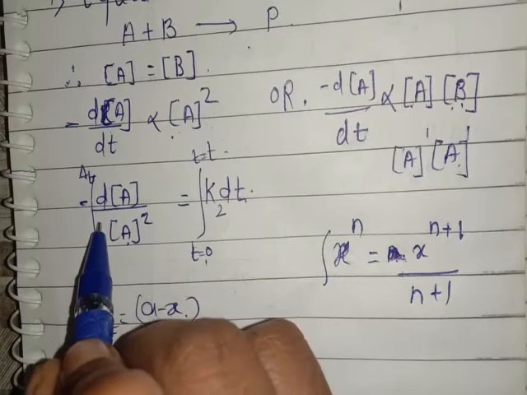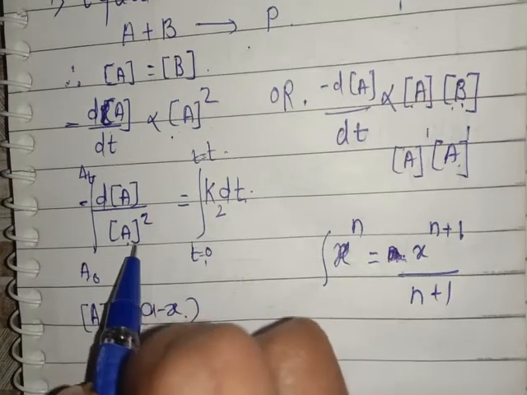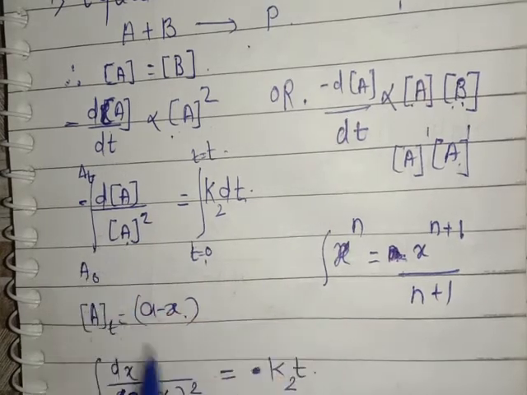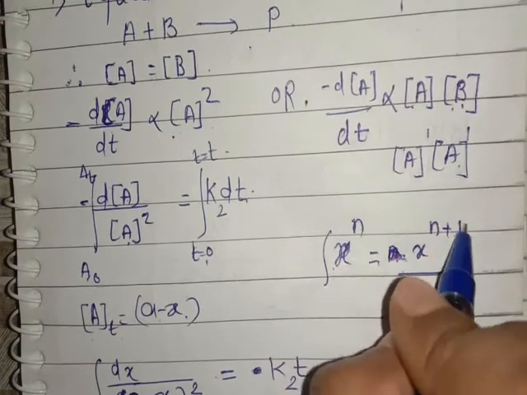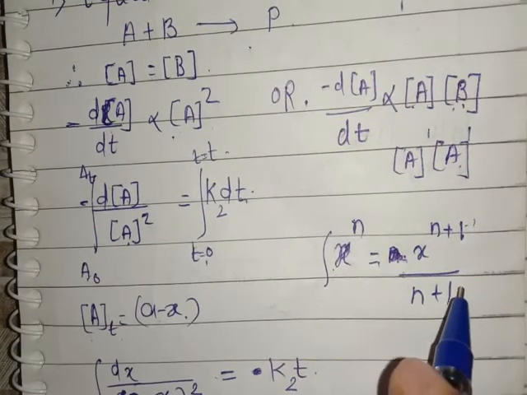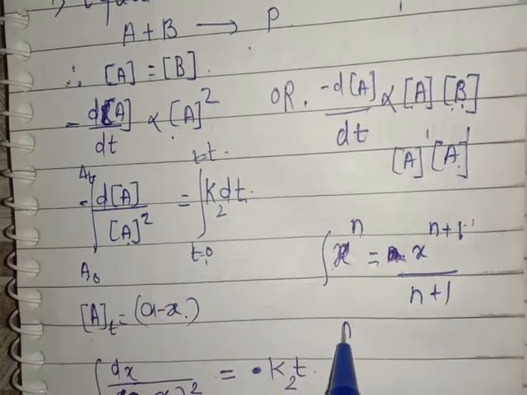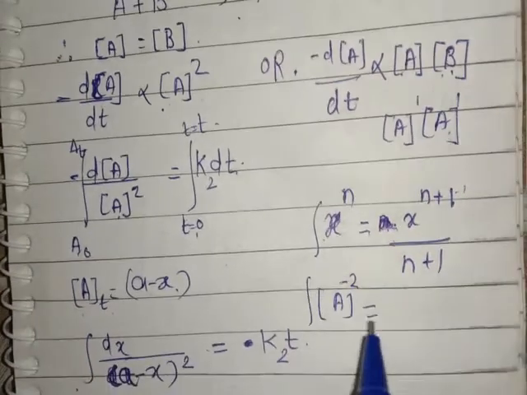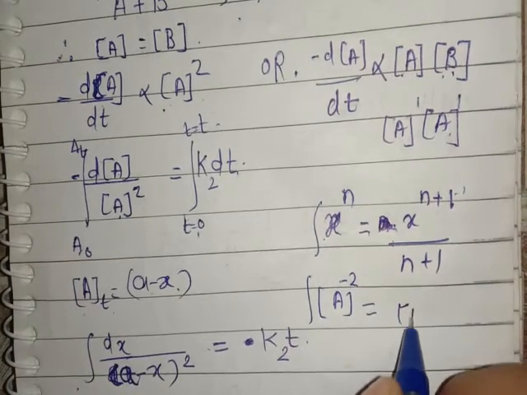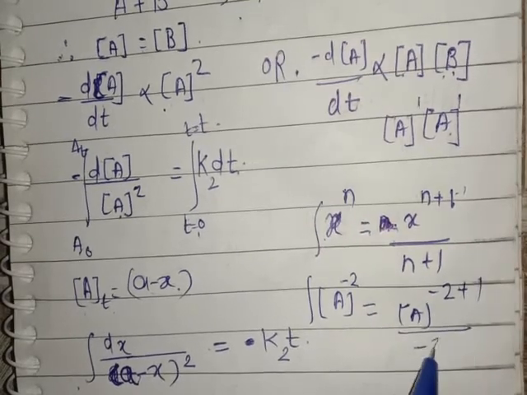Taking the integration of dA upon a square, we have the formula as integration of x raised to n is equal to x raised to n plus 1 upon n plus 1. So we can write this as a raised to minus 2, integration. We have a raised to minus 2 plus 1 upon minus 2 plus 1.